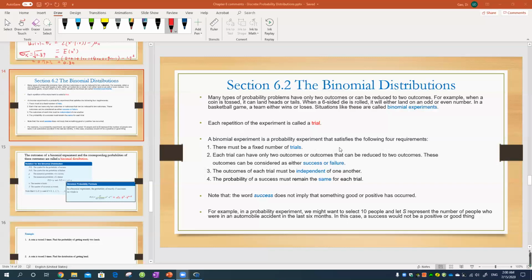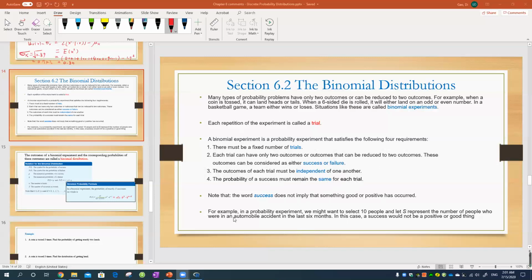Success does not imply that something good or positive has occurred. When we toss a coin, we can define a tail as a success. Then for each trial, the probability of landing on tail has to remain the same to qualify for a binomial experiment.